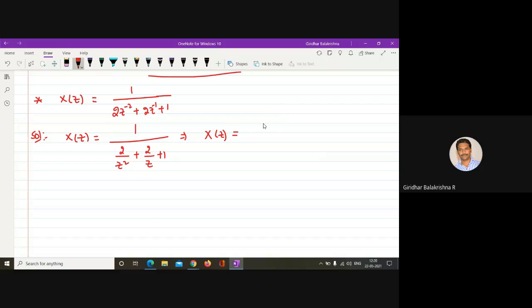If you convert that to numerator, it will be z square by z square plus 2z plus 2. Now calculate poles and tell me the expression. X of z equal to z square by, what is the first pole?